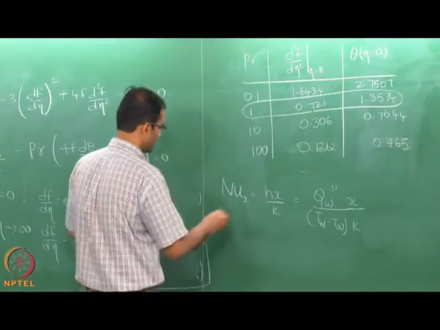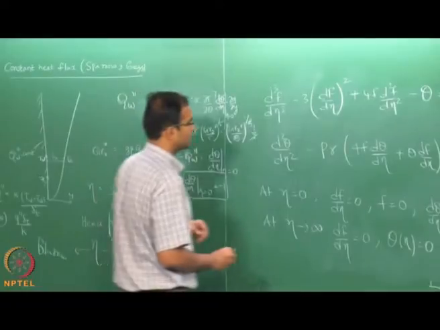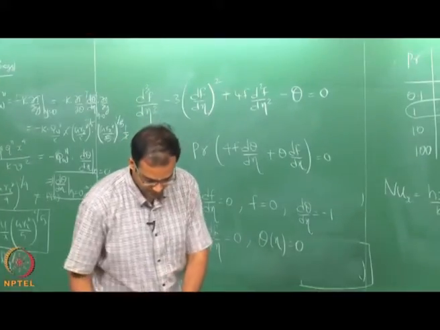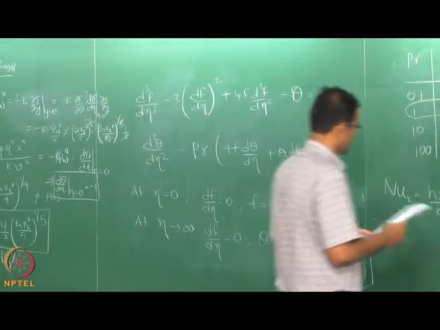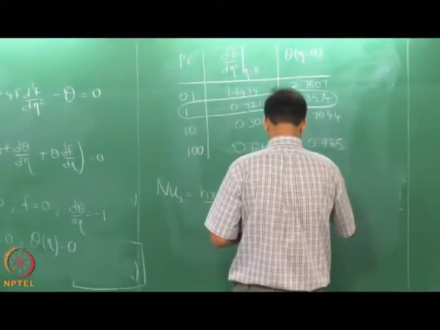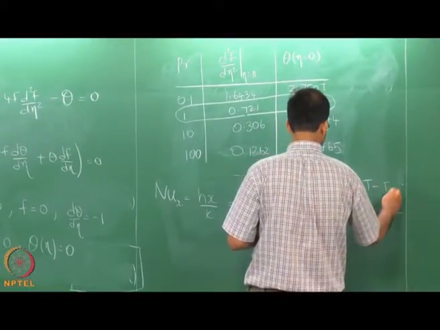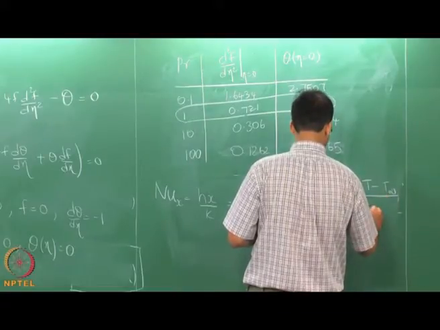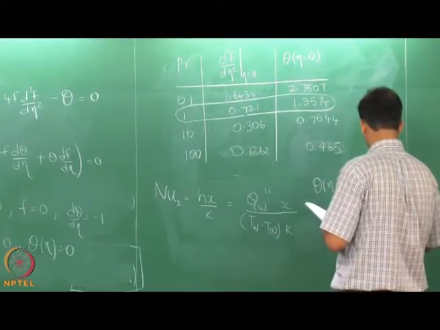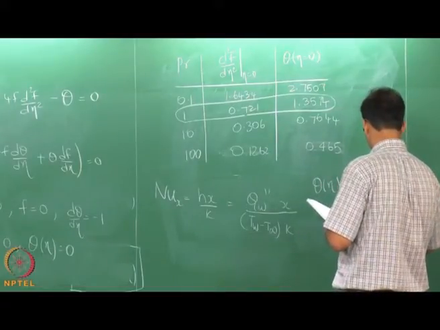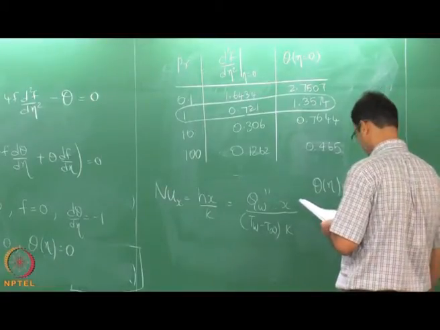Our definition of theta, I will write it again here. Theta is equal to (T minus T infinity) by, and this was the Grashof number by phi, minus 1 by phi, and we also had x outside.